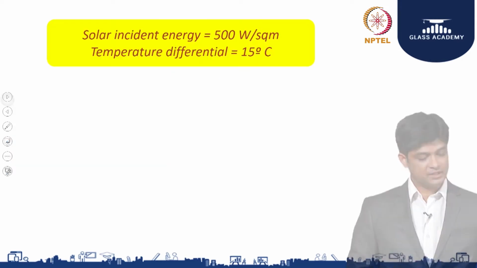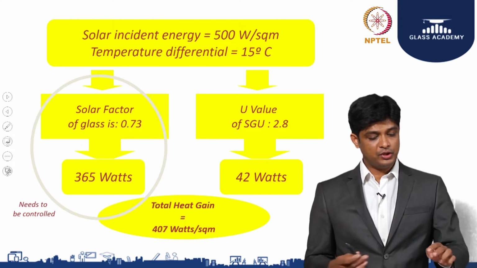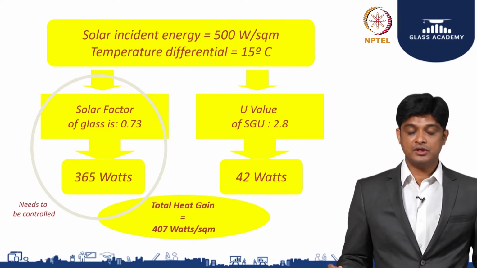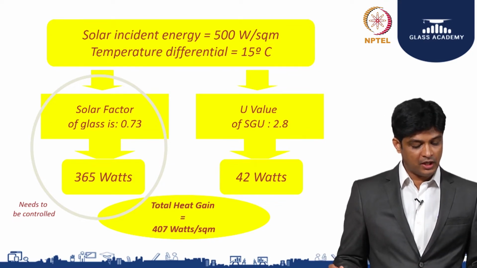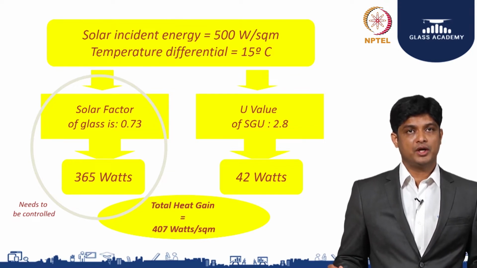So to solve an example, I have a condition here. Say for example, you have a source which is about 500 watts from the sun, and a temperature difference of 15 degrees. I have a clear glass in a double glazing format, which has 0.73 solar factor and U value of 2.8.